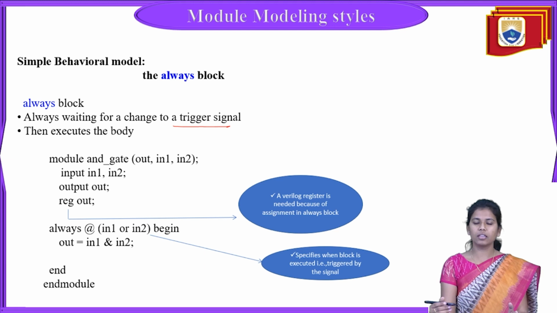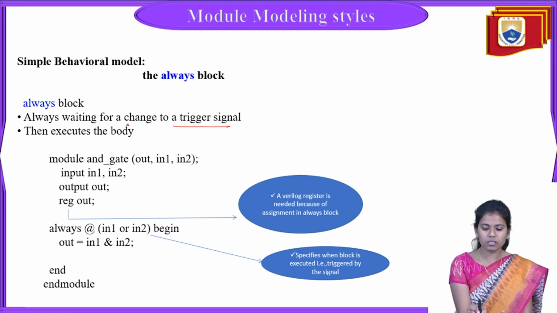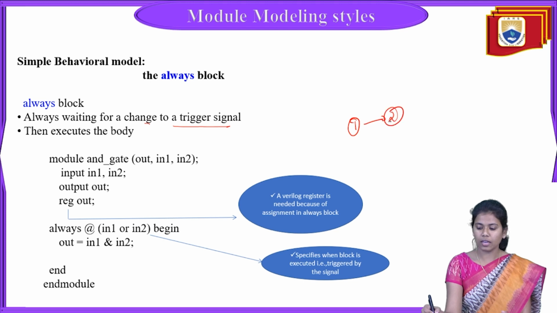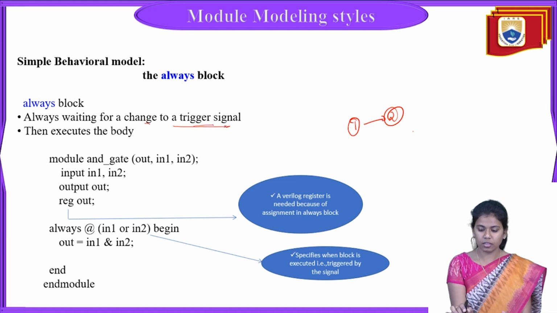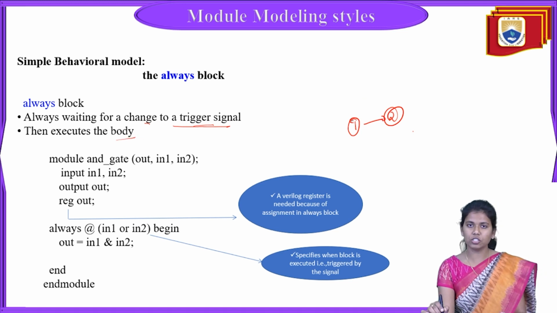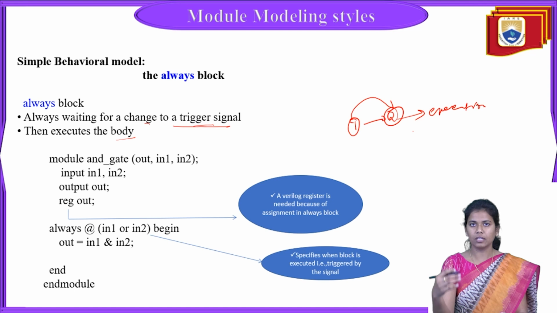In order to go from one particular block to another, there is a change, and we have to wait. It is always waiting for a change to trigger a signal, which then executes the body. So after changing from one signal to another, we see the execution of a particular task, the execution of a body.